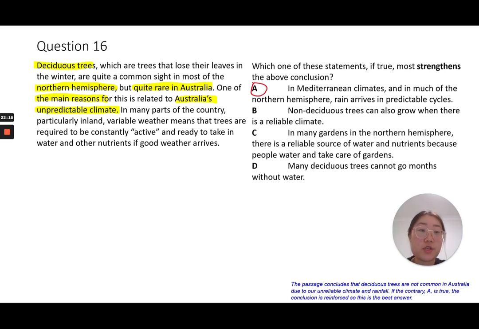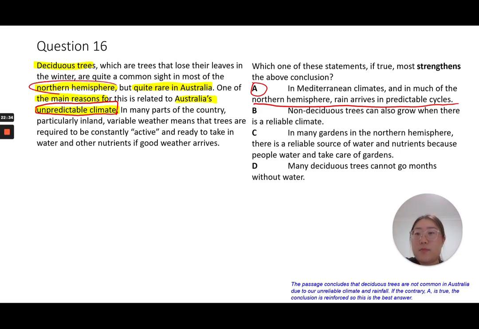Because this conclusion, or our highlighted bits, show that deciduous trees are not common in Australia because of our unpredictable climate. This directly links to why they are common in the Northern Hemisphere.